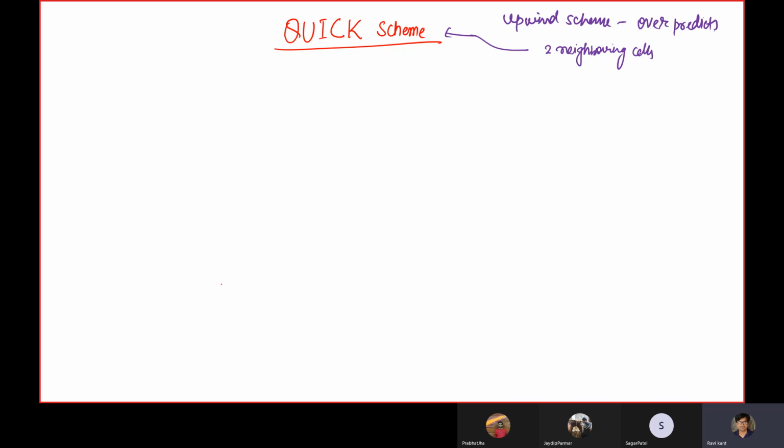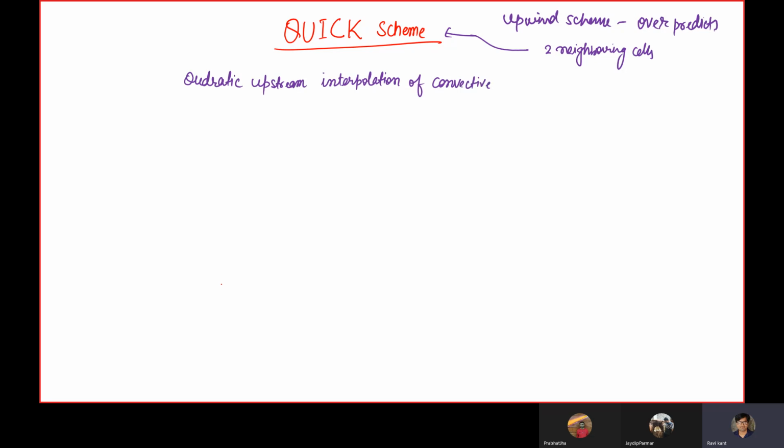The full form of the QUICK scheme is Quadratic Upstream Interpolation of Convective Kinetics. It's kind of a big name, but usually we call this the QUICK scheme.